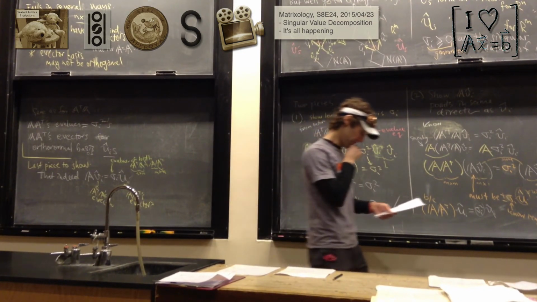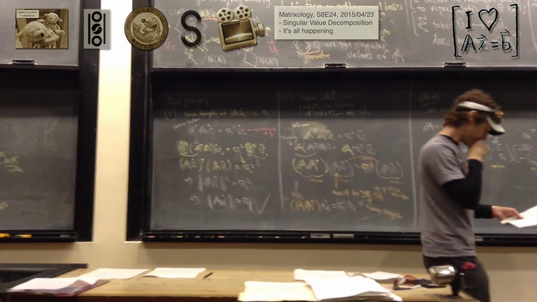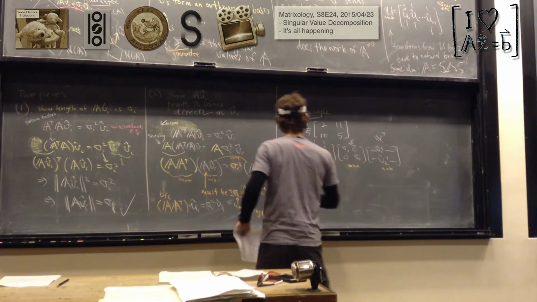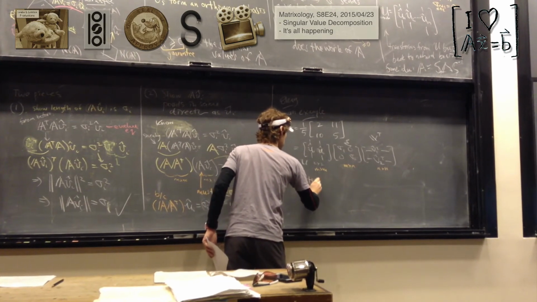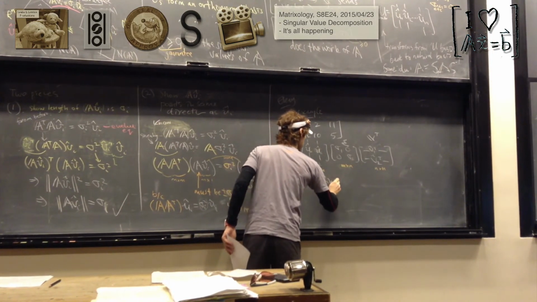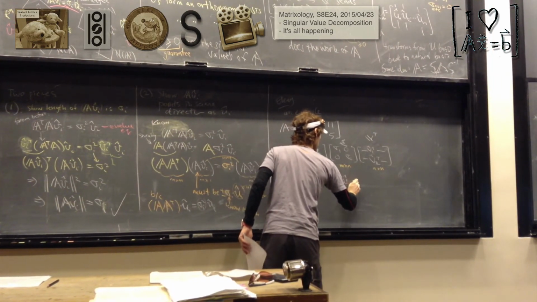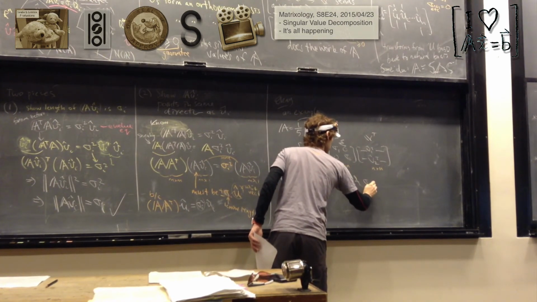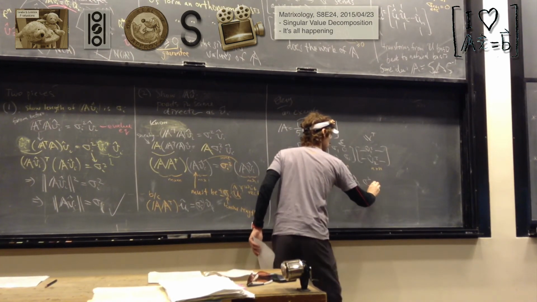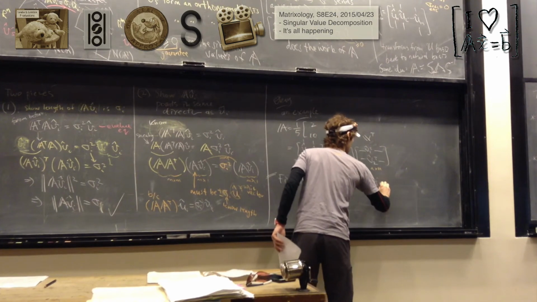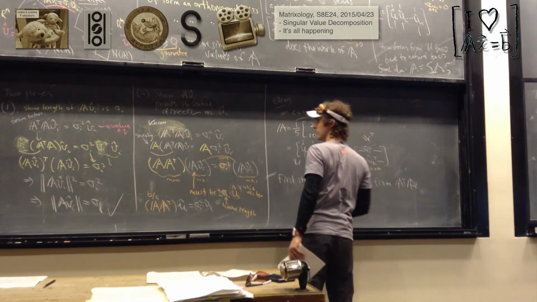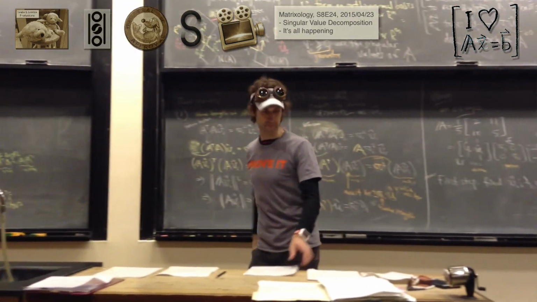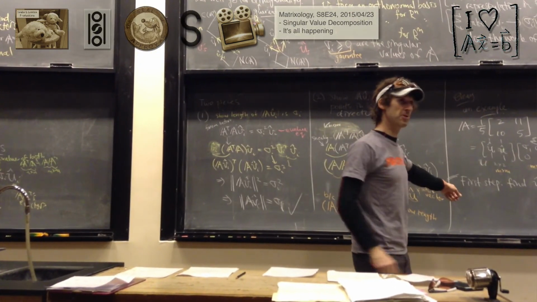So let's see if we can do it. First step: find the V's, and in general the sigma i squareds, from A transpose A.